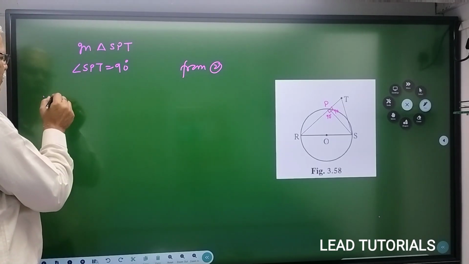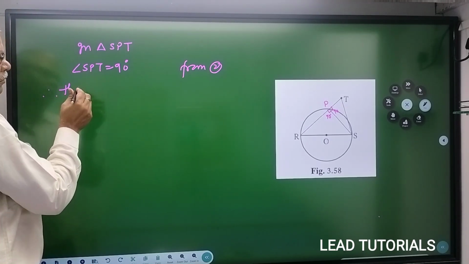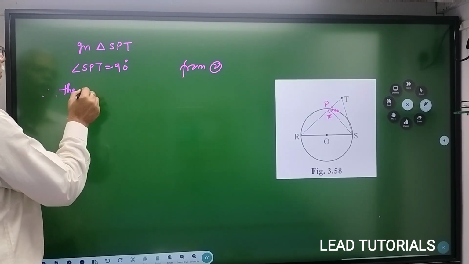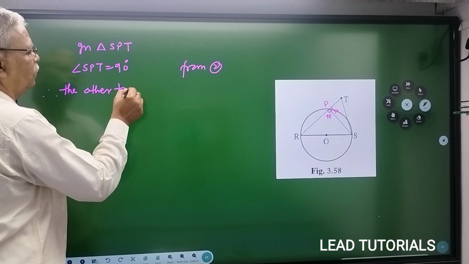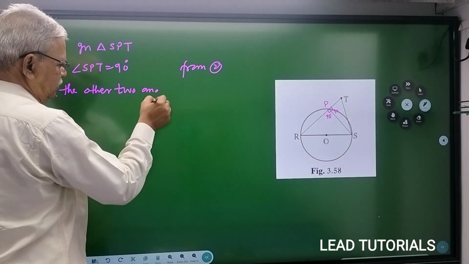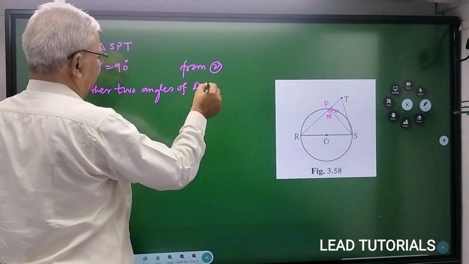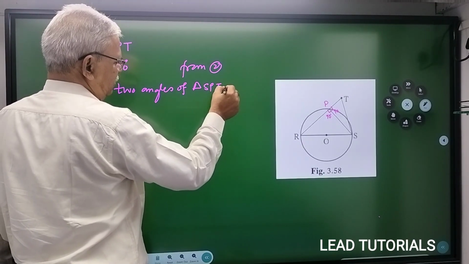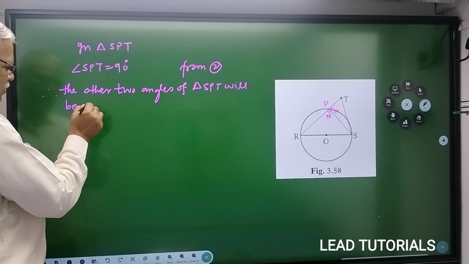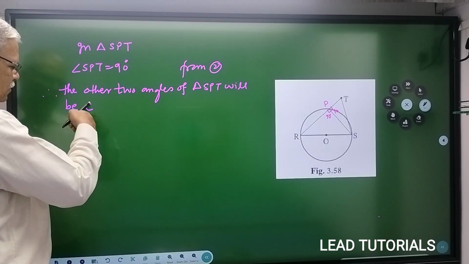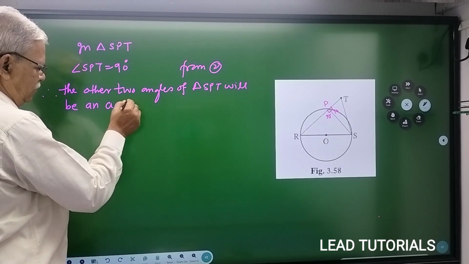Therefore, the other two angles of triangle SPT will be an acute angle.